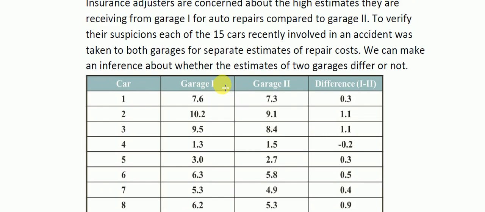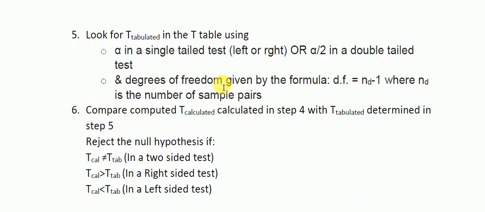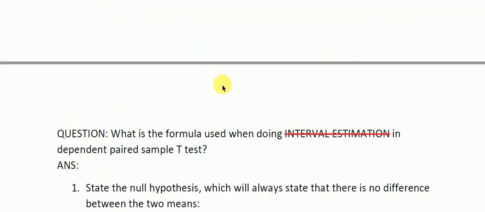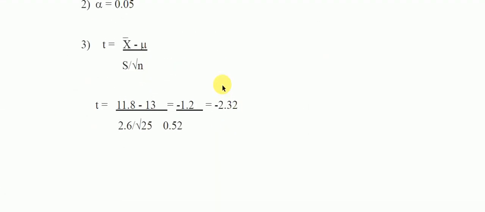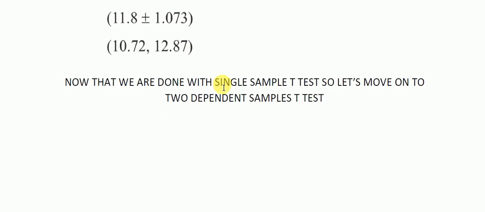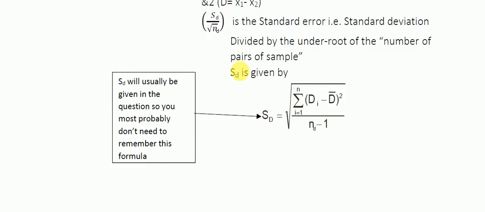So which kind of t-test are we going to use? Definitely the two dependent sample t-test, because the samples are dependent on each other, because they were the same cars.